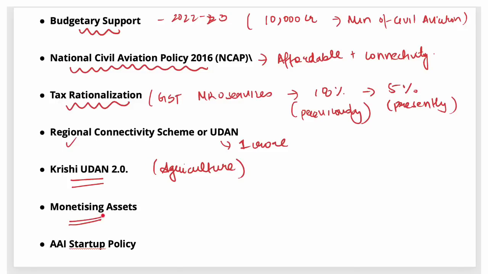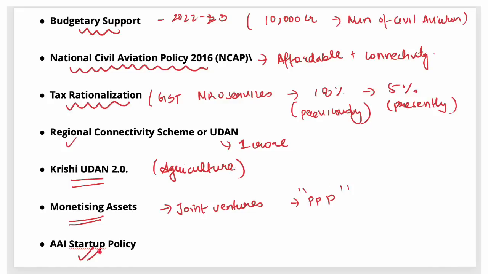Government is also moving for monetization of assets, as the Airport Authority of India has introduced joint ventures in 7 airports and has entered into the PPP mode, that is public-private partnership, for their operation, management and development. Further, the government has also earmarked 25 airports presently under the control of the Airport Authority of India for asset monetization.